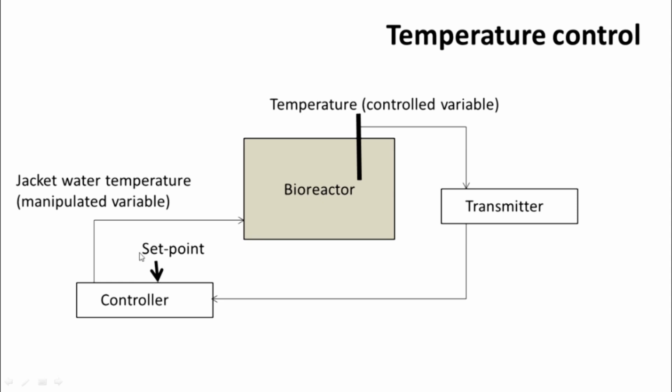In other words, 37 degrees C is set here, that is represented by the set point. Therefore, the controller takes action so as the set point is maintained in the bioreactor. It takes action in this particular case by changing the jacket water temperature that is circulated in the jacket of the bioreactor to control the temperature, and therefore the jacket water temperature is the manipulated variable.